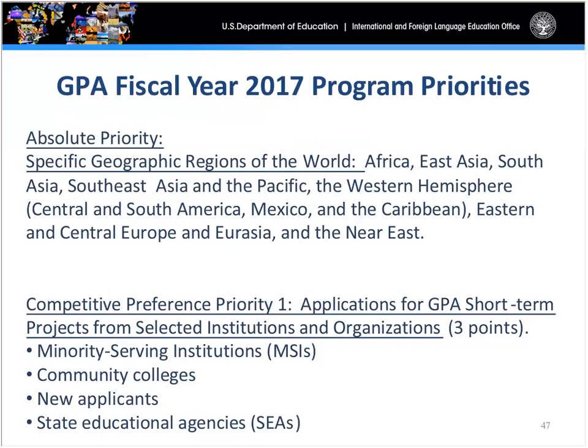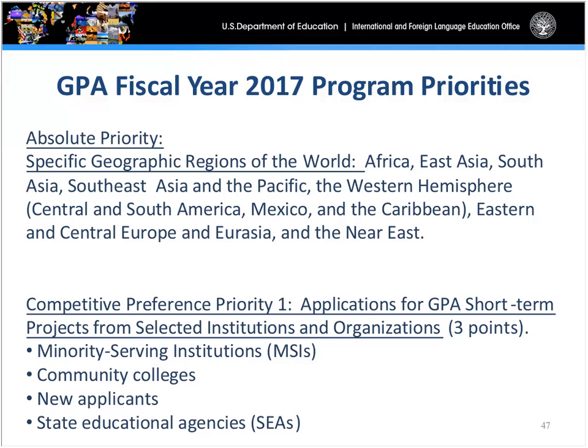For our first competitive priority, we're looking for the short-term projects from select institutions. We are looking at MSIs, community colleges, new applicants. You receive a maximum of 3 points if you meet that competitive preference priority for all short-term applicants.